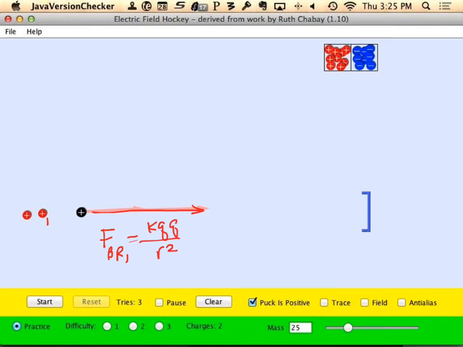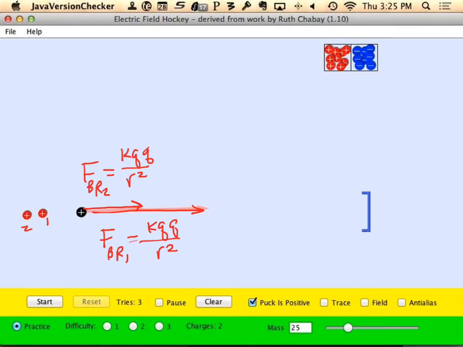And then we have this additional force in here. What we're going to have to do now is calculate the force on the black by red 2, and now we're going to get a k q q over r squared, but for the two terms. Okay, and then we can add those two forces.